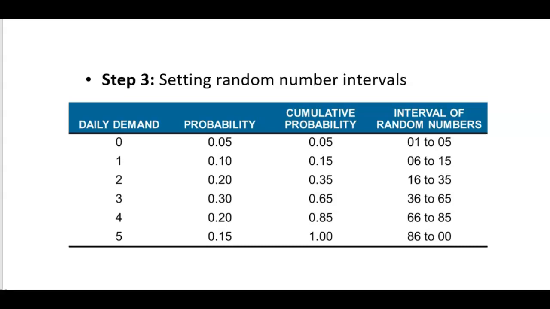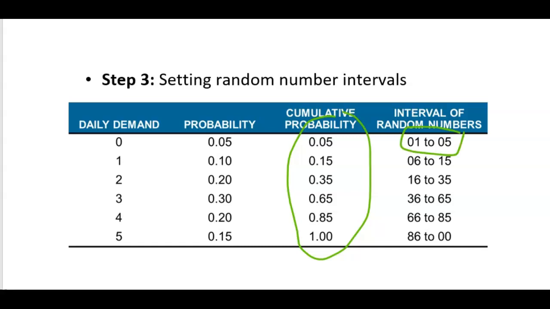Then step 3 is to set up the intervals for the random numbers. How to set this up is basically to follow the cumulative probability that we have obtained earlier. For the first one, when the cumulative probability is 0.05, the interval for the random numbers would start from 1 until 5.